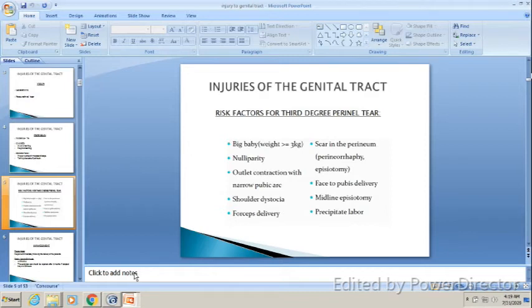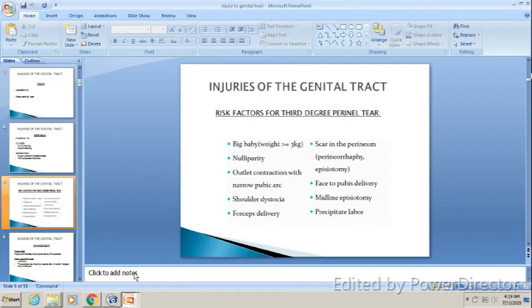Shoulder dystocia, forceps delivery, scar in the perineum, perineorrhaphy, or scar in the perineum if it is a second vaginal delivery or 3rd vaginal delivery and the episiotomy is given and it's scarred. Sometimes even after episiotomy repair, it causes episiotomy dehiscence, as I told you in the complications. What happens in the episiotomy dehiscence?